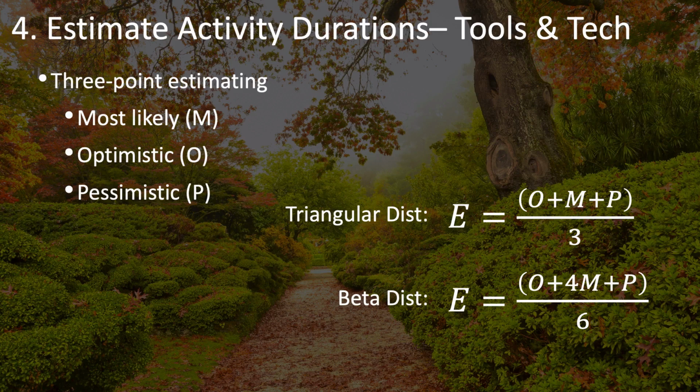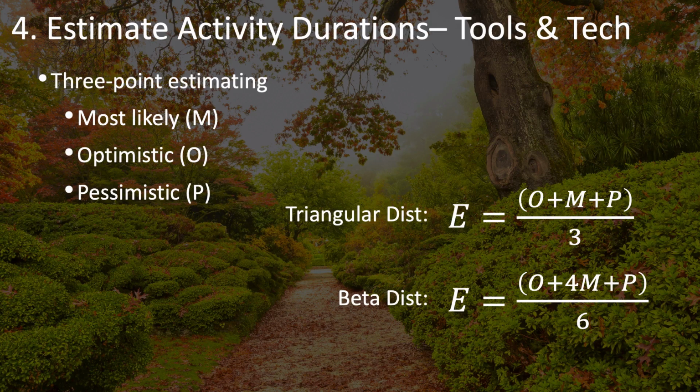In the beta distribution, you're assuming that it's not so likely that your optimistic or pessimistic estimates are accurate, that you think your most likely estimate is the one that's most likely going to happen. And so you favor that one by multiplying that estimate by 4, adding in the other 2 estimates of optimistic and pessimistic, and then dividing the whole thing by 6.